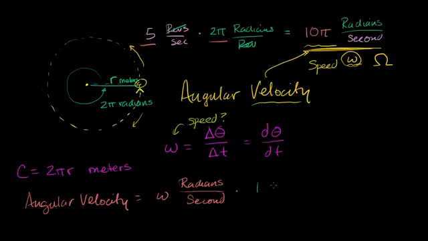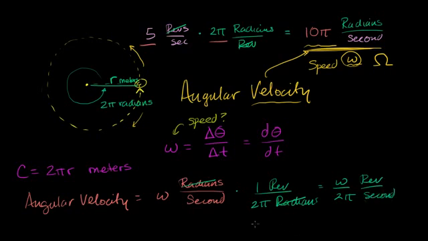We have 1 revolution is equal to 2 pi radians. And just to be clear, sometimes angular velocity is actually measured in revolutions per second, but the SI unit is radians per second. So if we want to convert omega radians per second into revolutions per second, radians cancel out. We get omega over 2 pi revolutions per second.